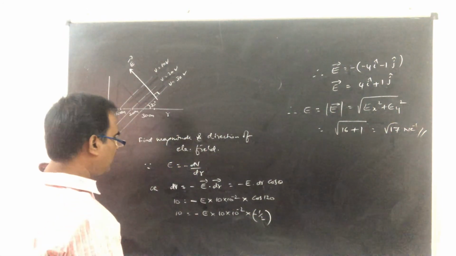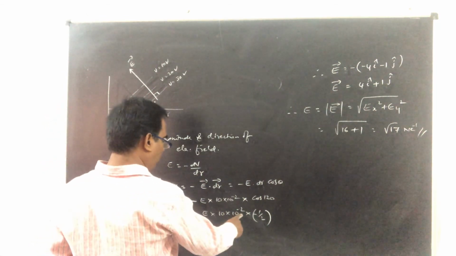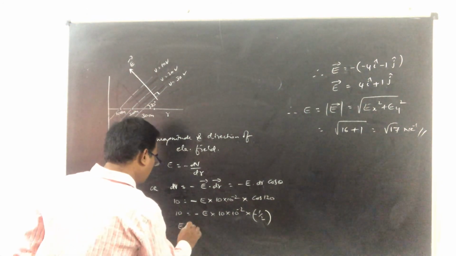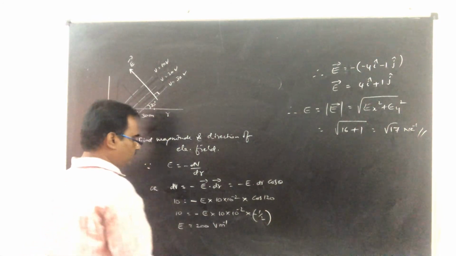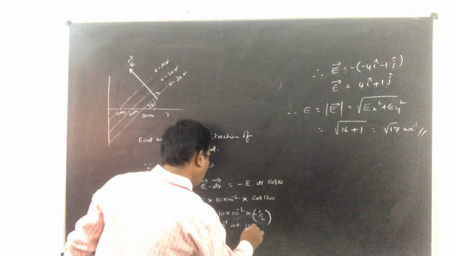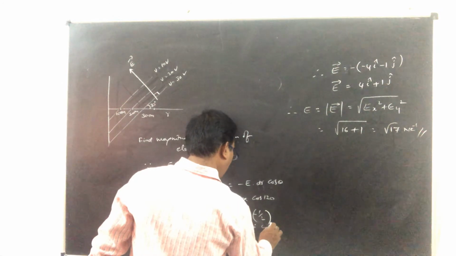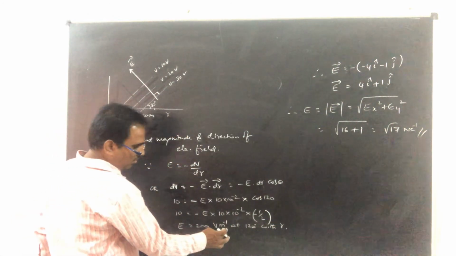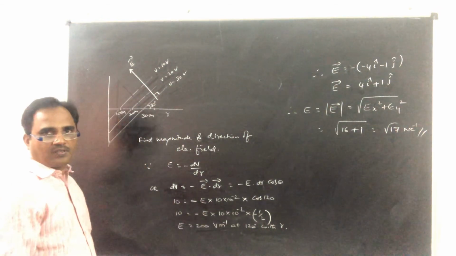So from this you find the value of this E. So this is 10 to the power of minus 1, and taking this side, it becomes 100. So E becomes equal to 200 volt per meter at 120 degree with r. So this is the magnitude of the electric field, and this is the direction of this electric field.